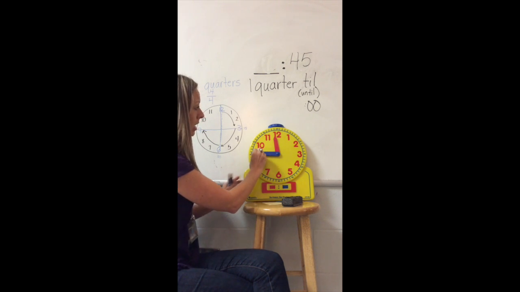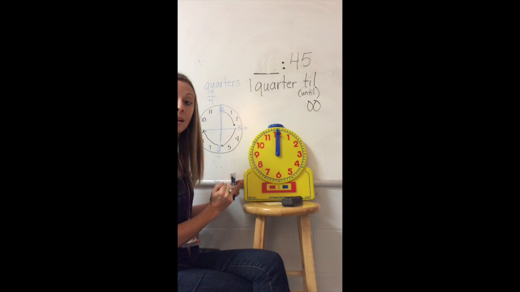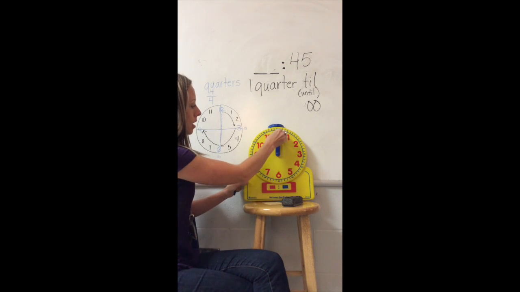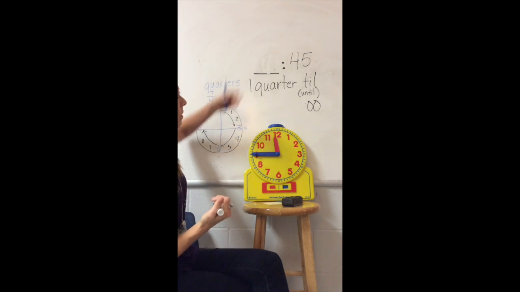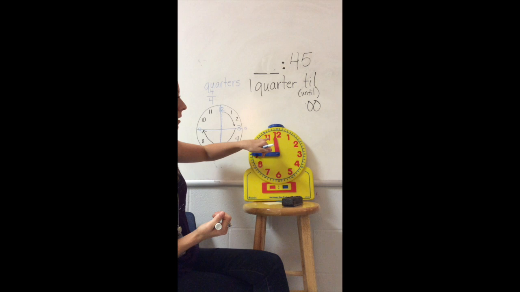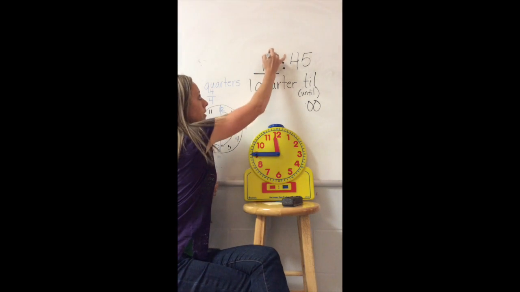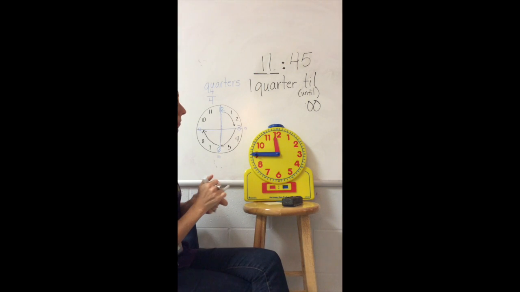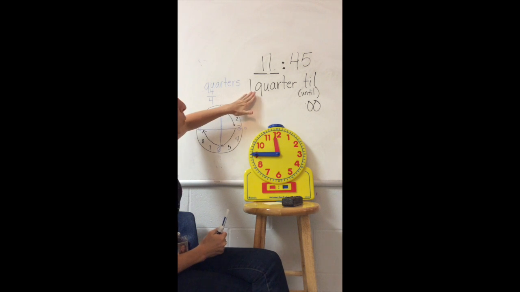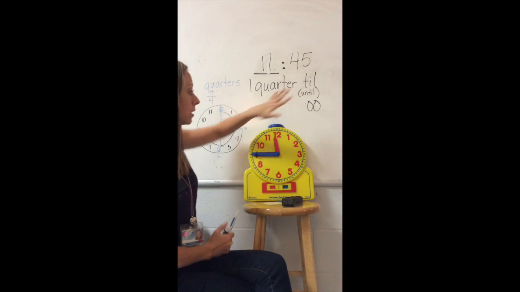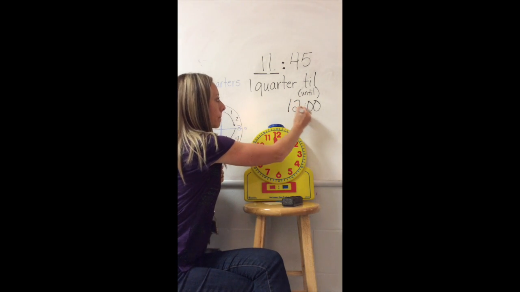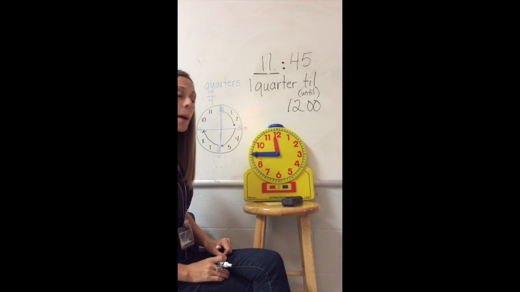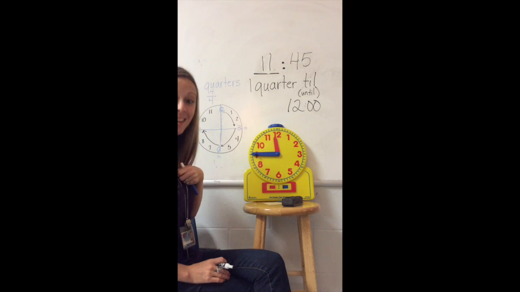And so does the minute hand. The minute has to be smack dab on the 12 as well. All right. So how would I write this time? This time is 11:45, which I can also call 1/4 till 12 o'clock. It's not 12 o'clock yet, but it's 1/4 until 12 o'clock.